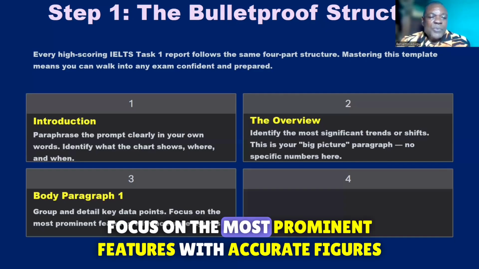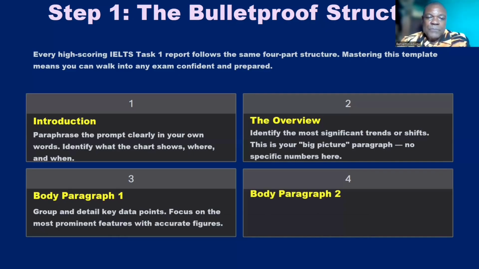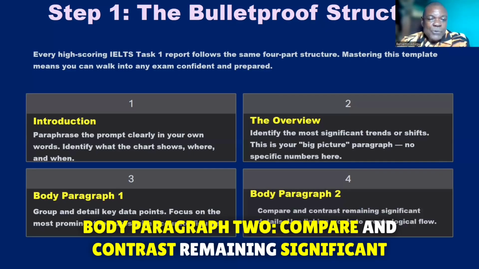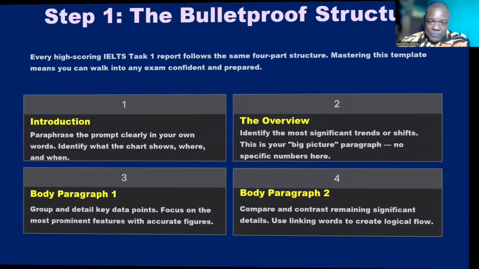Focus on the most prominent features with accurate figures. This is where you specify the important details. Body paragraph 2, compare and contrast remaining significant details. Use linking words to create logical flow.